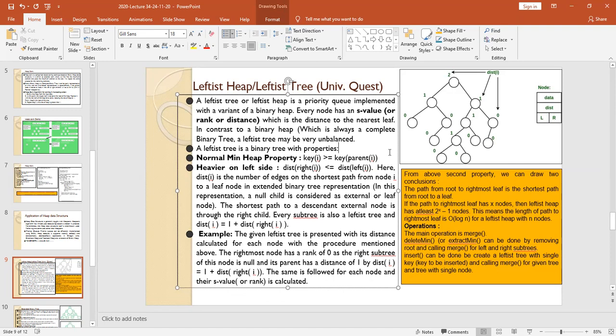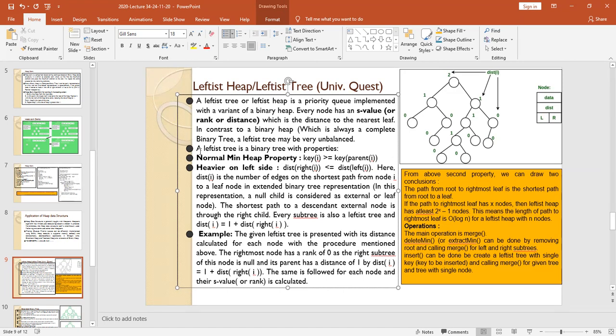If the children are greater than or equal to the parent, we call it a min heap. Or you can also say the parent is less than or equal to the child. We call it the min heap property.